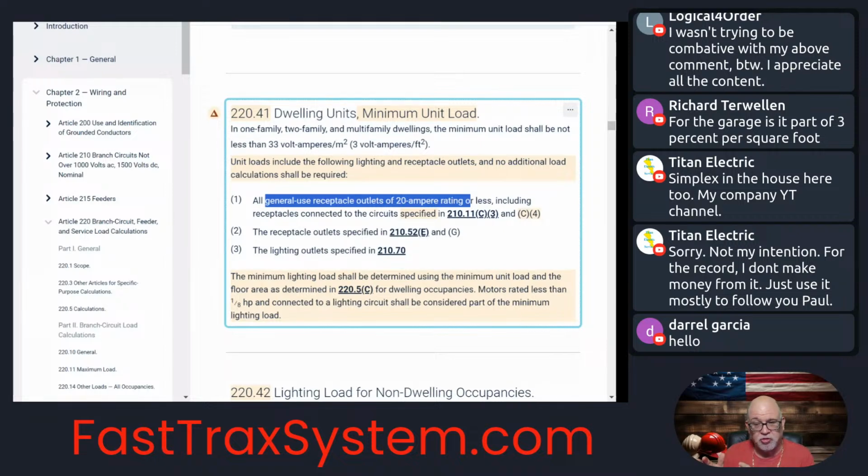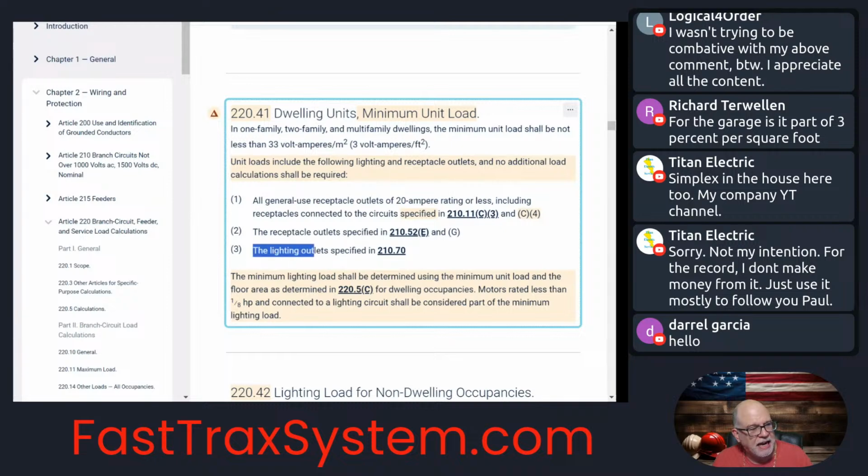And that's the general use things. But remember, it's not talking about the small appliances. That's a separate VA that has to be accounted for, 1,500 VA each. The laundry also has to be accounted for. So that's not talking about those things, okay? It also lets you know that the receptacle outlets specified in 210.52(E) are already figured into this: outdoor receptacles at the front and the back of the dwelling, all those things are already figured into the 3 VA per square foot.